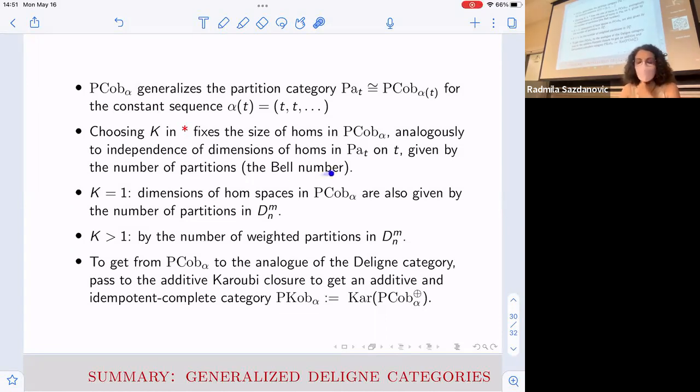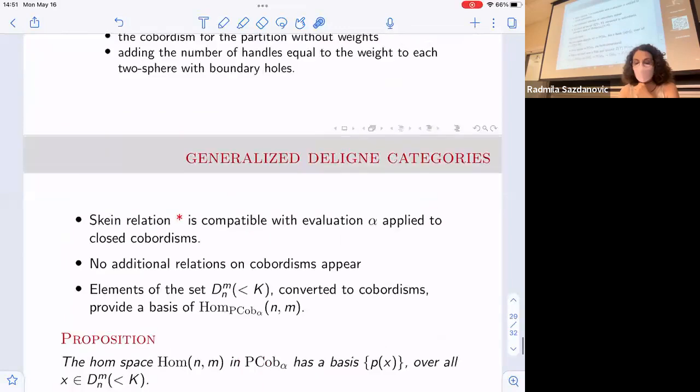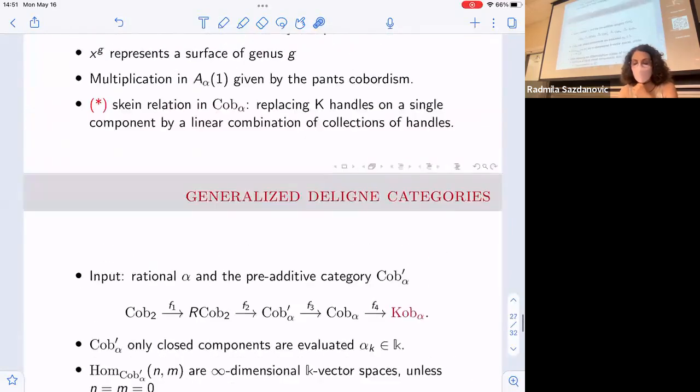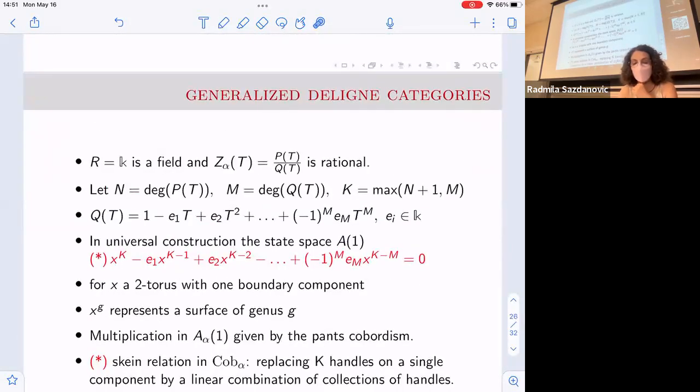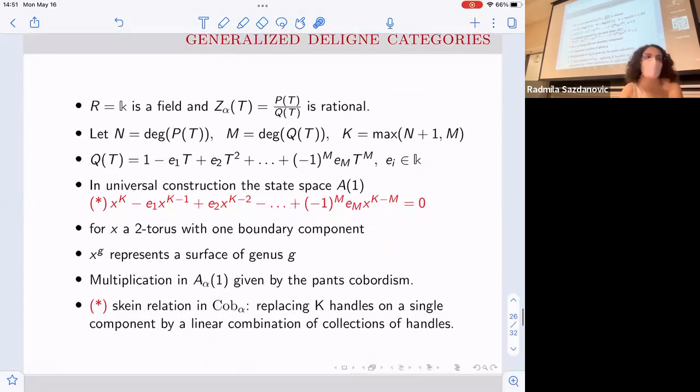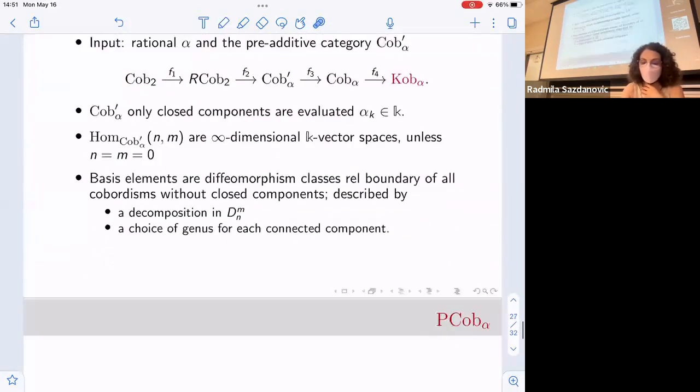But in this case, it is given by the number of weighted partitions, like the Bell number for this combinatorics. K is the maximum, depending on the rational function, between the degree of the numerator plus 1 and the degree of the denominator. Okay, it basically gives you the shape of the skein relation, the maximal power of the skein relation, if you wish.